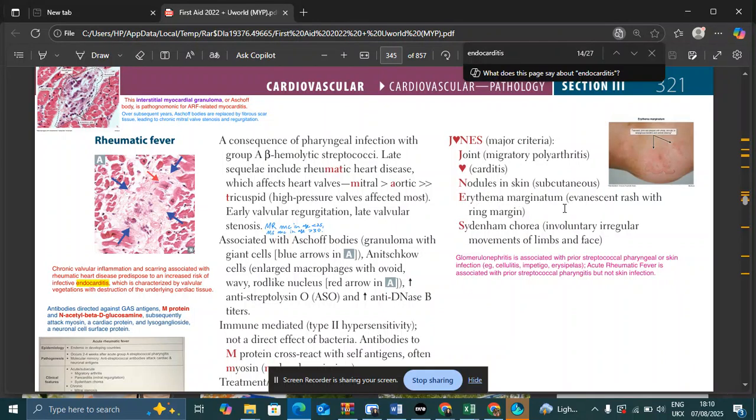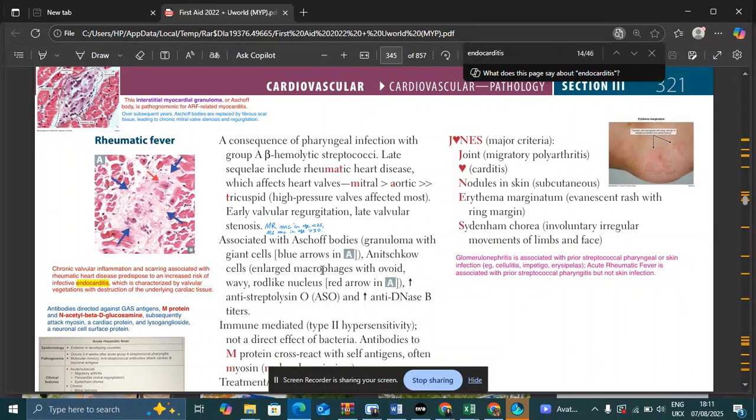Erythema marginatum is an evanescent rash with ring margins, a rash that usually disappears easily. Then the fifth finding is Sydenham chorea. These are the involuntary irregular movements of limbs and face. So these are the major criteria to diagnose rheumatic fever.